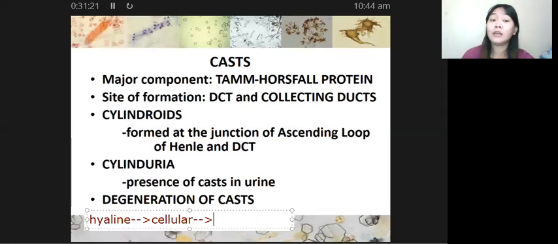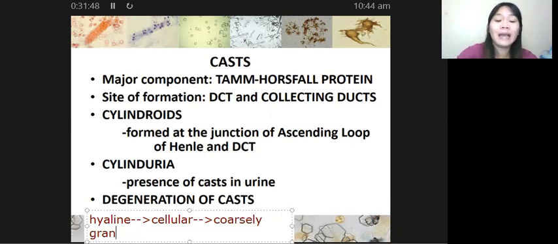Of course, yung cells na na-entrap doon sa ating hyaline casts, they will start to undergo degeneration or disintegration. Alright? Such that naglalays yung mga cells na nandun. So if they undergo disintegration, they will now form your coarsely, so magiging coarsely granular cast na sila.